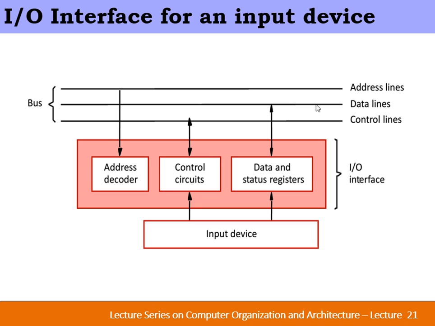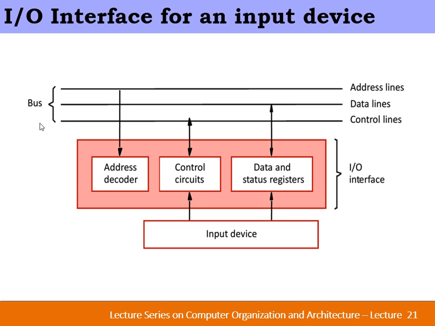Data lines carry the data or information that either needs to be sent to the particular IO device, or that has been accessed from it. Control lines indicate whether it has to perform a read or write operation.